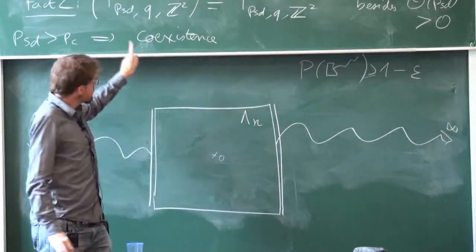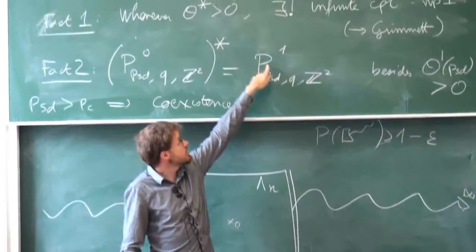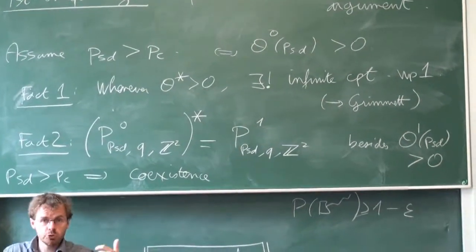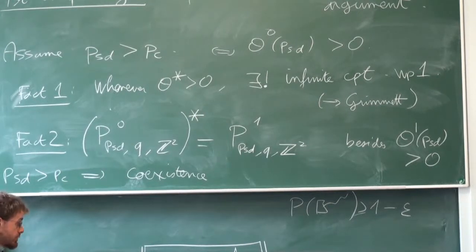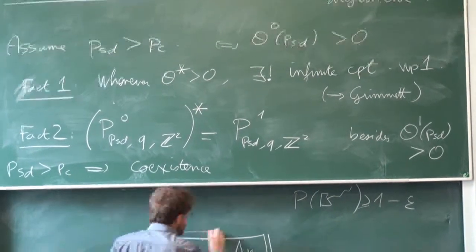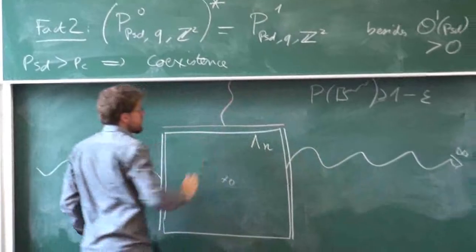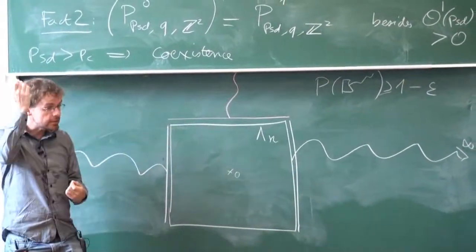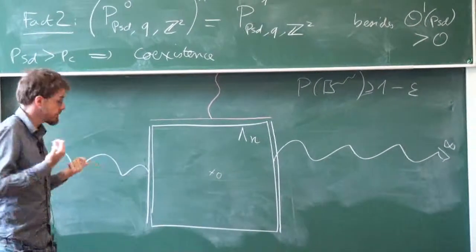Now, remember the dual model is distributed according to P self-dual with a 1 here. So every probability for the dual is larger than the probability for the initial model. So what you get is that the dual is connected to infinity. So this side is connected to infinity by a dual path with very high probability.